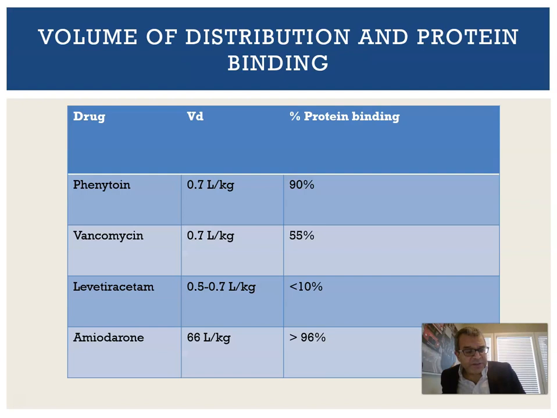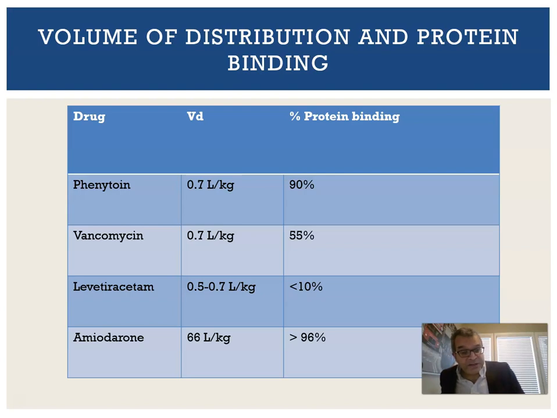I will give you some examples here. If you look at phenytoin, vancomycin, levetiracetam, and amiodarone, that's the volume of distribution. First, look at the volume of distribution of amiodarone, 66 liters per kilogram. What does this mean? This suggests that this drug has extensive distribution into the body, right? And might need a very high loading dose in order to achieve therapeutic concentrations.